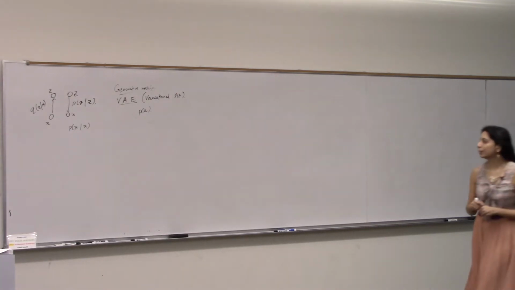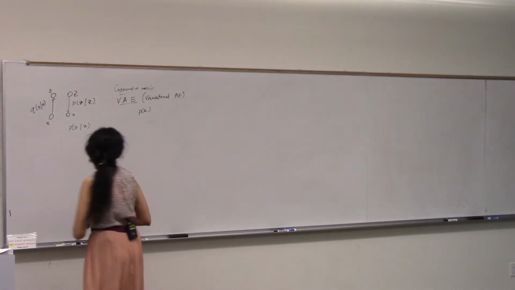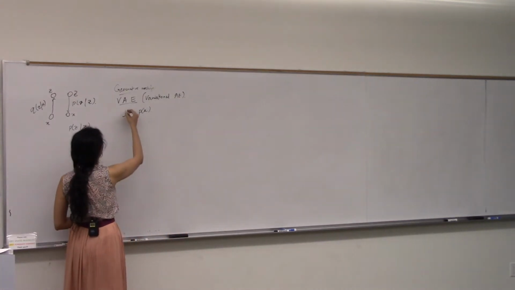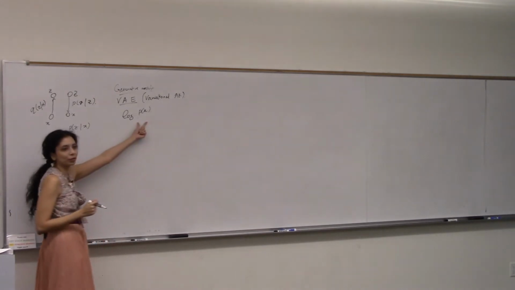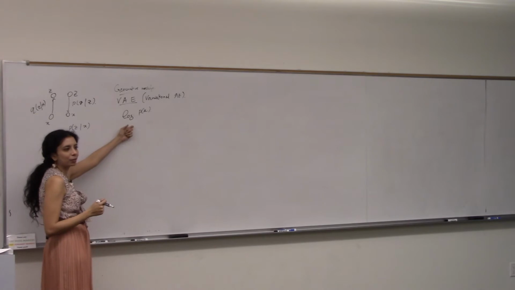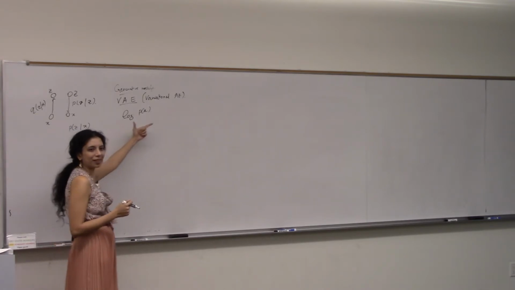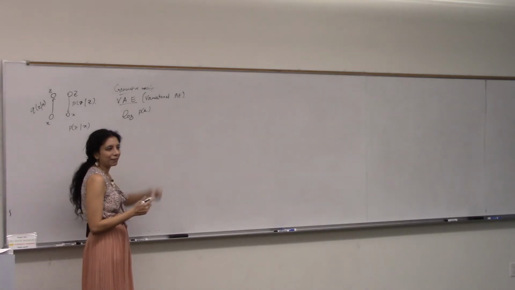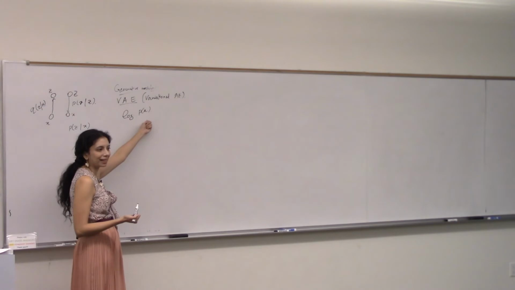So how can I think of this if I want to just do maximum likelihood? If my goal is to find a distribution of the observed data, my goal could be just to maximize this likelihood. But we know this is hard. Because if I have images, first of all, I can't use a simple parametric class.